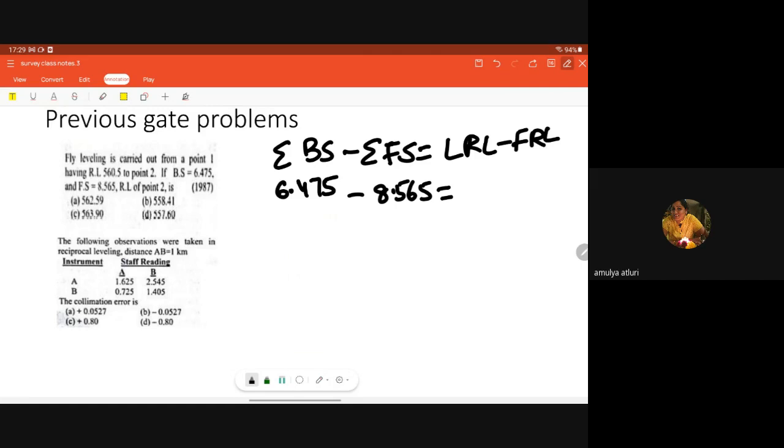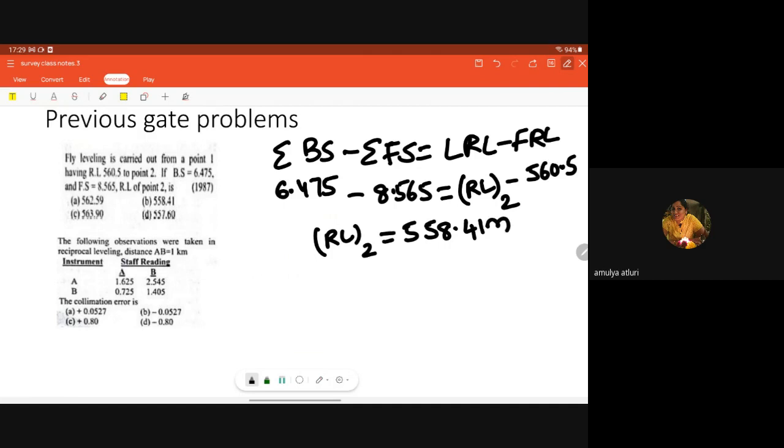We need to calculate RL 2. The first RL is 560.5, right? So the RL of the second point, after simplification, is 558.41 meters. Got it? So this is one previously asked question, 558.41 meters. This is the value.